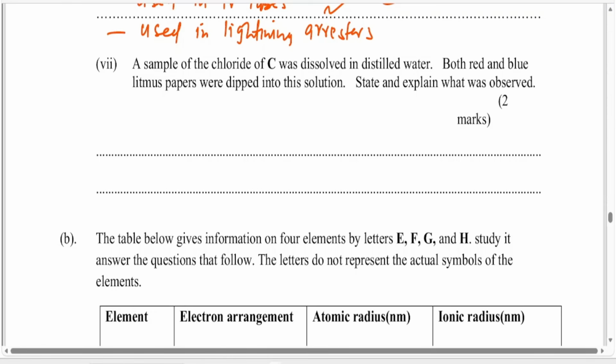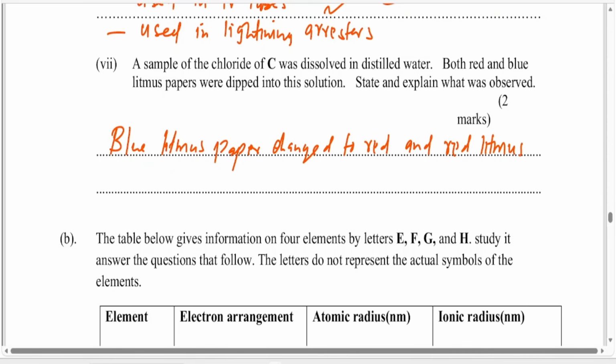So blue litmus paper changed to red and red litmus paper remained red.